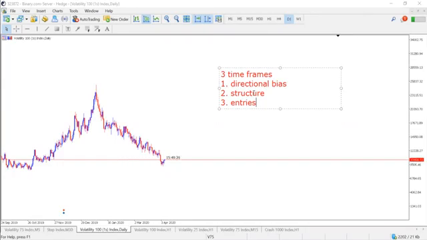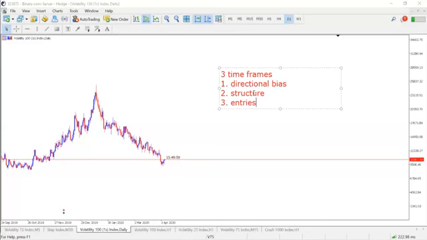So for a directional bias, we normally look at the higher time frames. If you're trading currency pairs, you're gonna look at the weekly or the daily time frames, right? And for reading structure, you would normally use the 4 hour time frame and the 1 hour time frame. And for entries, you would sometimes use the 15-minute time frame or the 1 hour time frame, right?